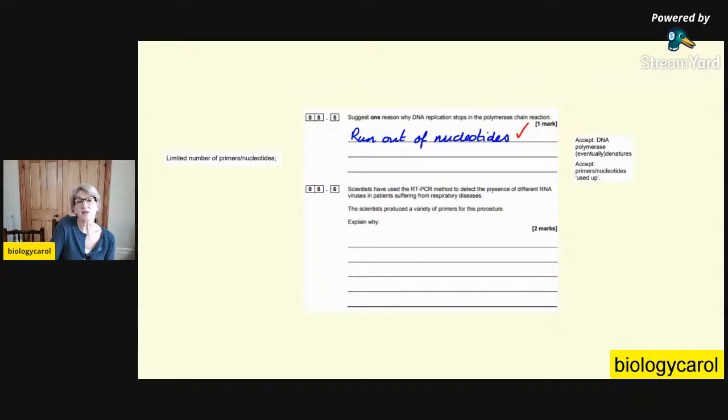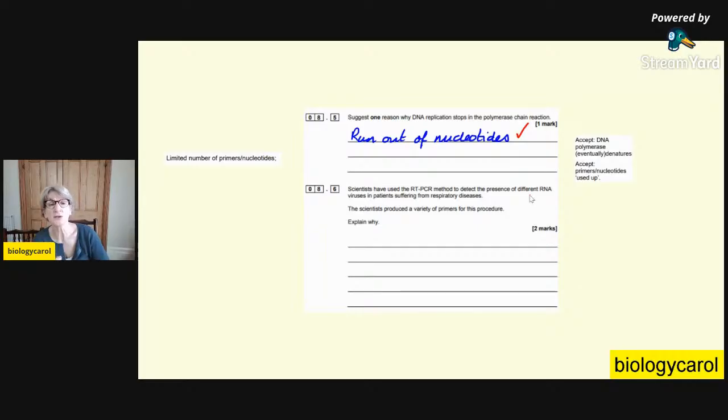Scientists have used this method to detect the presence of different RNA viruses in patients suffering from respiratory diseases. Ooh, coronavirus, can I just say? The scientists produced a variety of primers for this procedure.